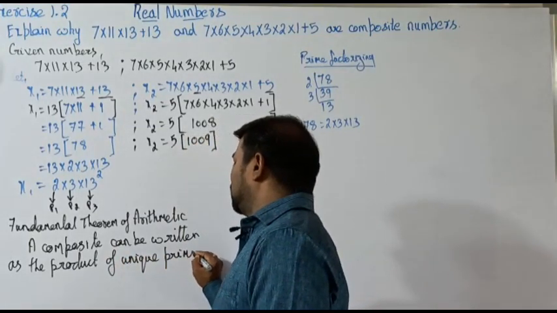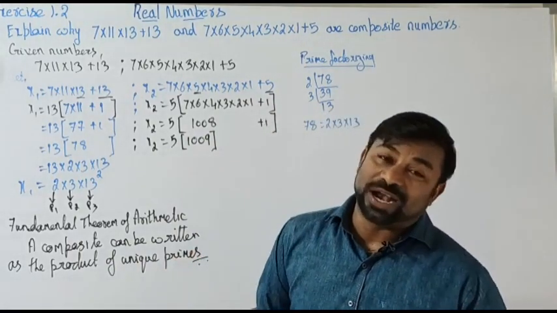This is the definition of a composite number according to the fundamental theorem of arithmetic.